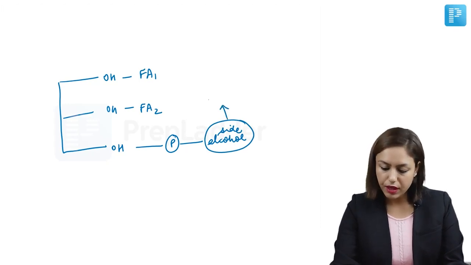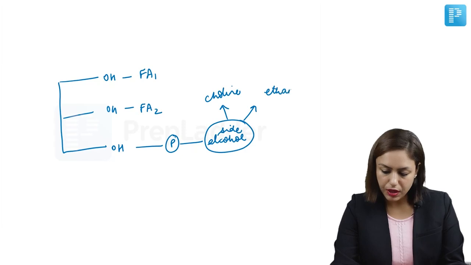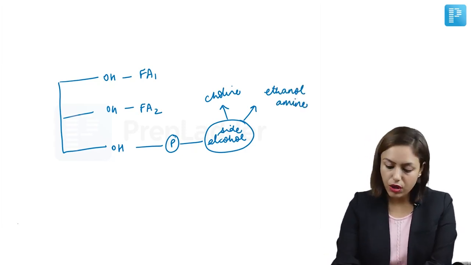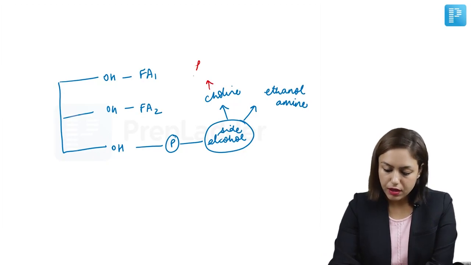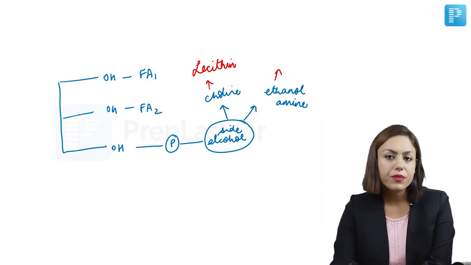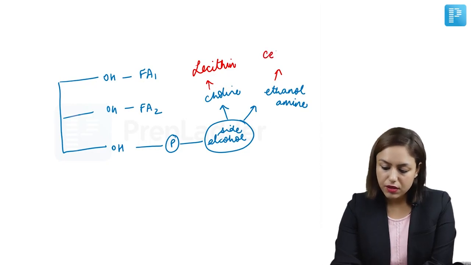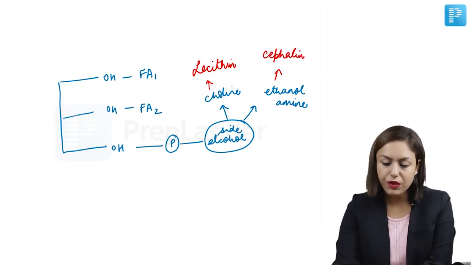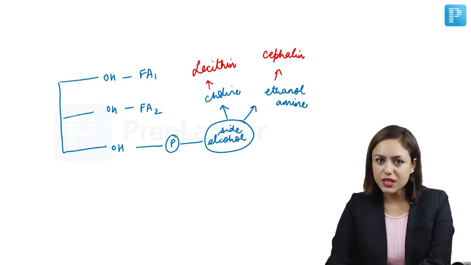This can be choline or this can be ethanolamine. If this side alcohol is choline, then the lipid is known as lecithin, which is present in lungs as surfactant. If the side alcohol is ethanolamine, then the phospholipid is called cephalin. Cephalin is present in CNS.